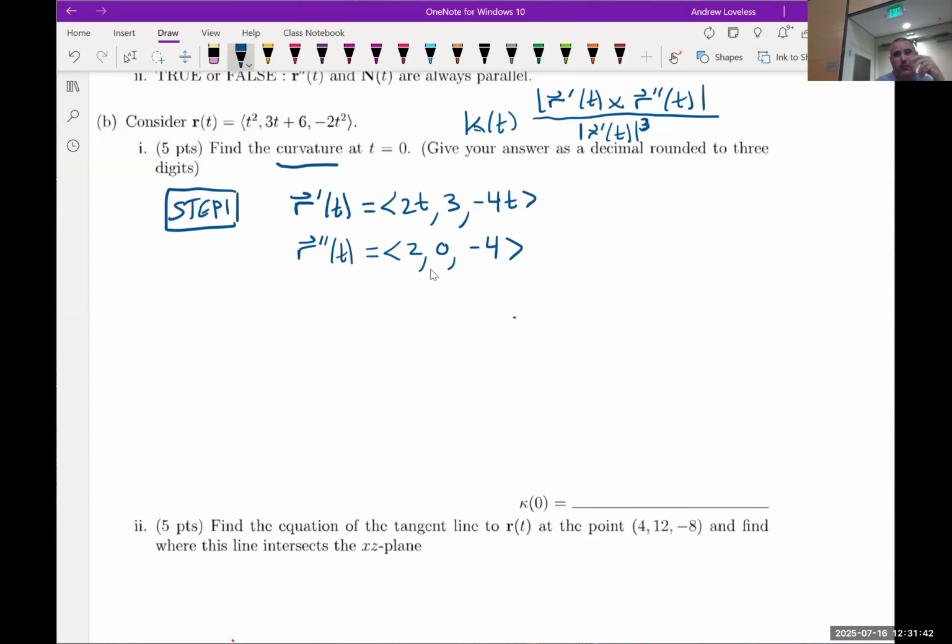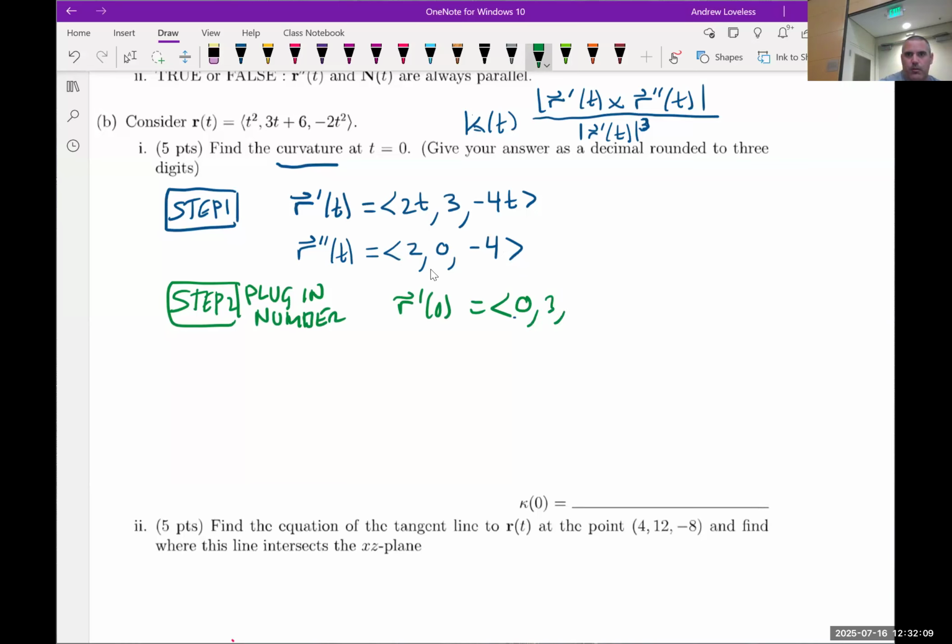In general, if you want the general formula, you have to do the cross product. But the question did not ask for the general formula. So I'll call this step 2: plug in your number. If you plug in your number right after you take your derivative, it makes it shorter because all the variables go away. So this becomes 0, 3. It doesn't give the general formula, but the question didn't ask for that.